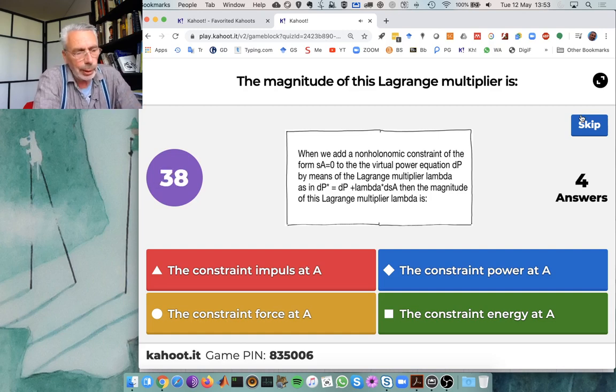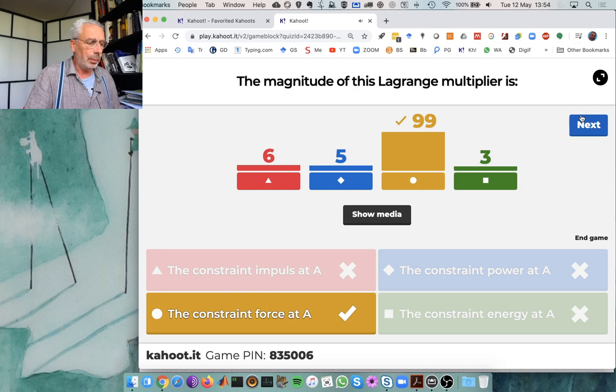By the way, this is only 60 seconds because it is sort of easy, not a very rocket science question. Yes, indeed, it's of course a constraint force.